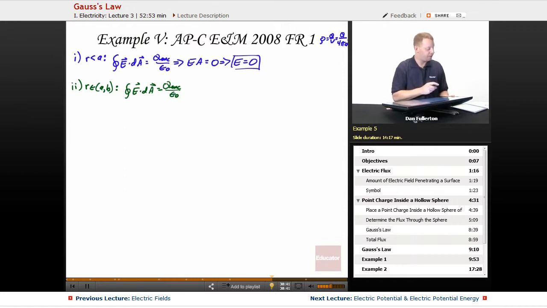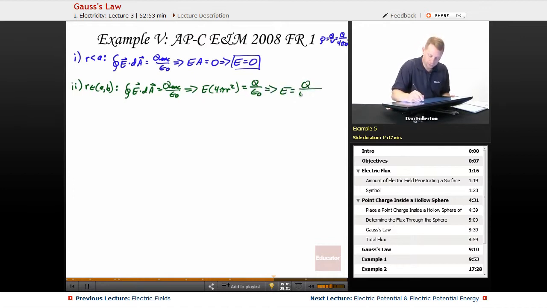Again, choosing a Gaussian surface in that region, EA, which is E times 4 pi R squared, where R is between A and B, must equal our total charge enclosed, plus Q, divided by epsilon naught. Therefore, the electric field is just going to be Q over 4 pi epsilon naught R squared in that region, just like it was a point charge.